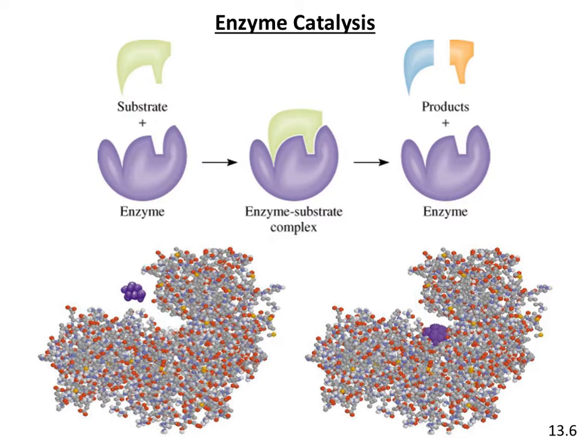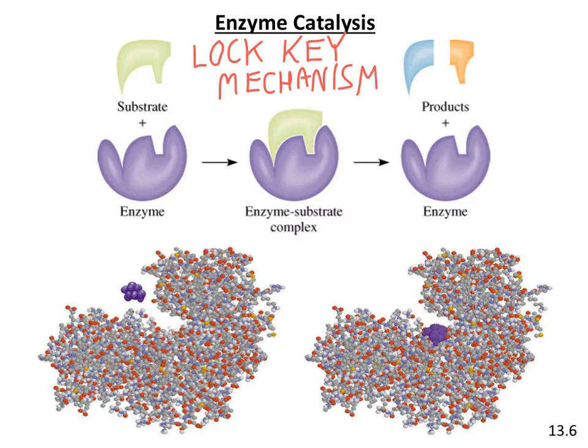catalysts that you should have heard about in biology, and I'm sure you have, is called enzyme catalysis. And they refer to this as the lock and key mechanism. Basically, it is a pretty amazing process.